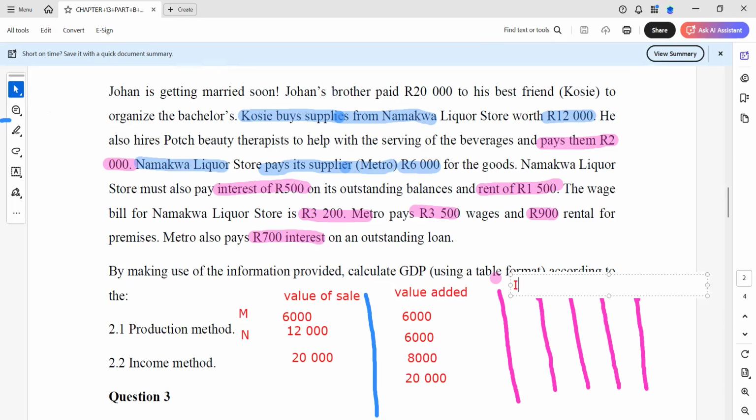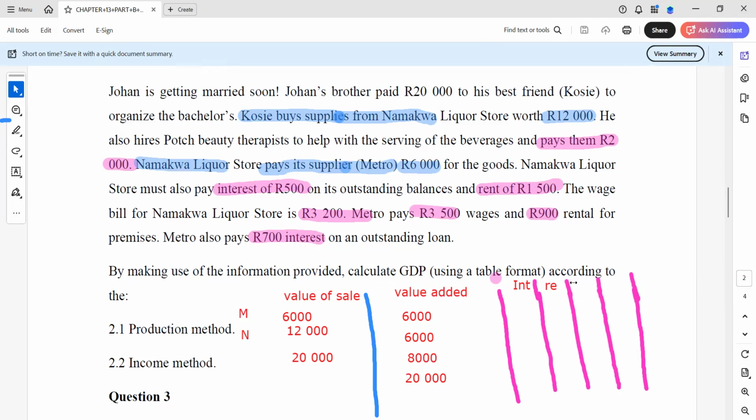So I for interest, we can just write INT. Then here we're going to have rent. I'll just write RE for rent.